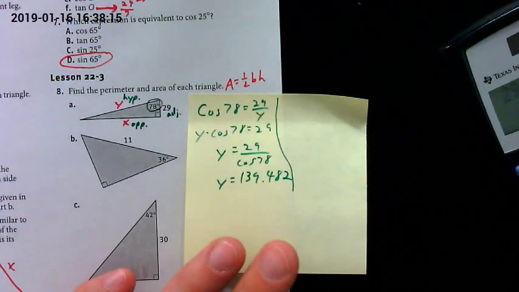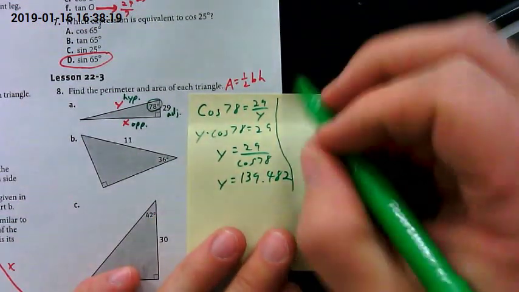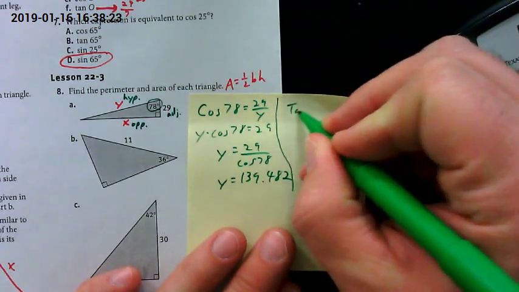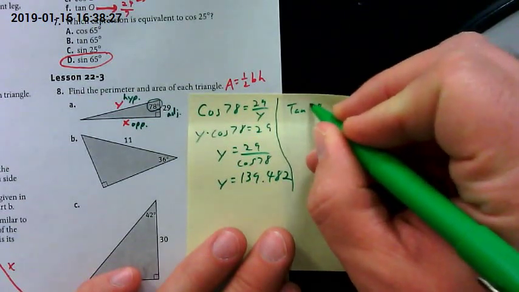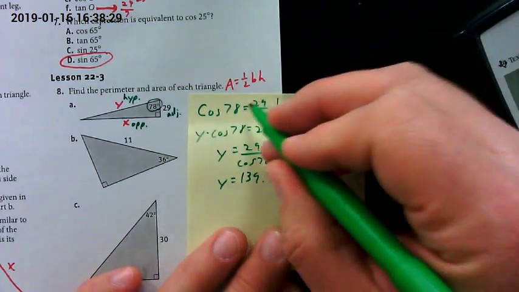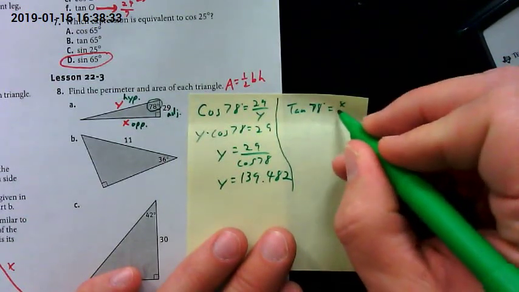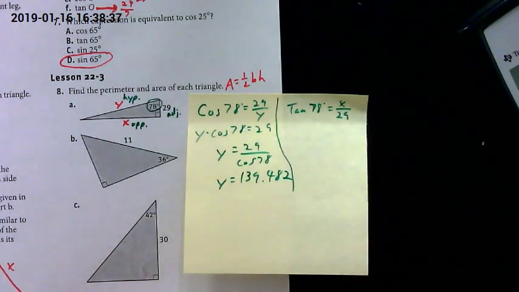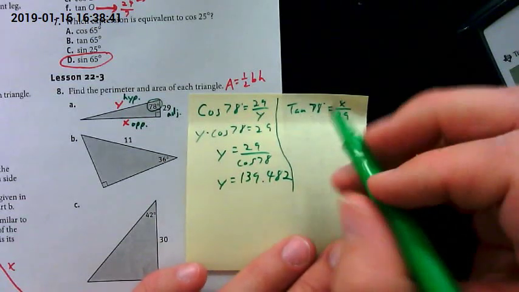Now, to get the other piece, the opposite side of 78, we're going to do tangent. So tangent of 78 degrees equals opposite over adjacent. So x over 29. So now on this one, again, bring the 29 over to the other side.